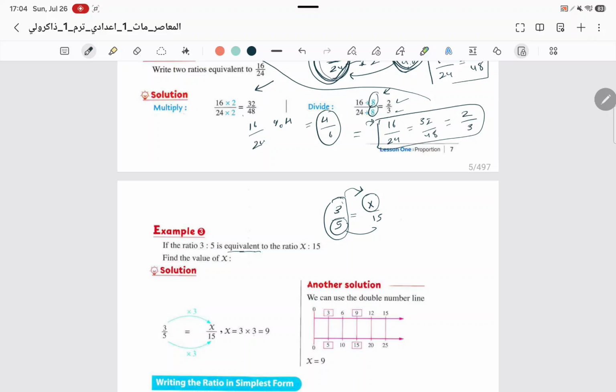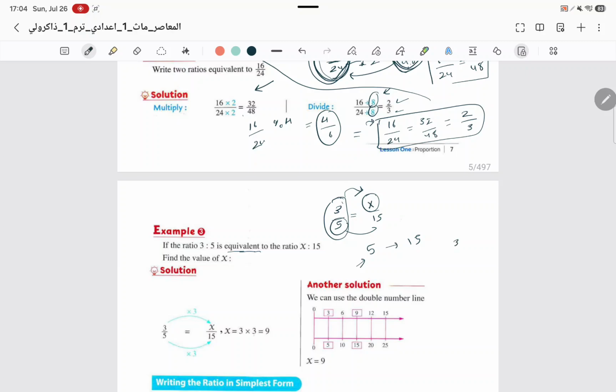how can I make it? 5 becomes 15. So what is the number I multiply 5 by to get 15? It is 3.